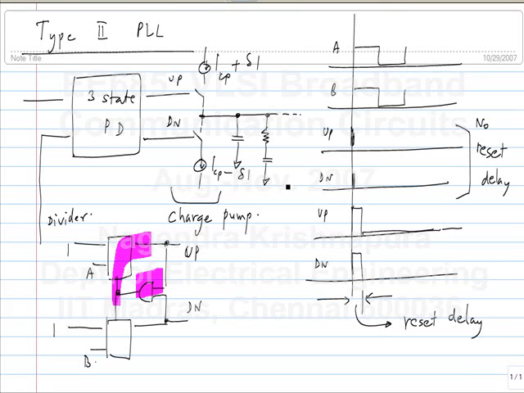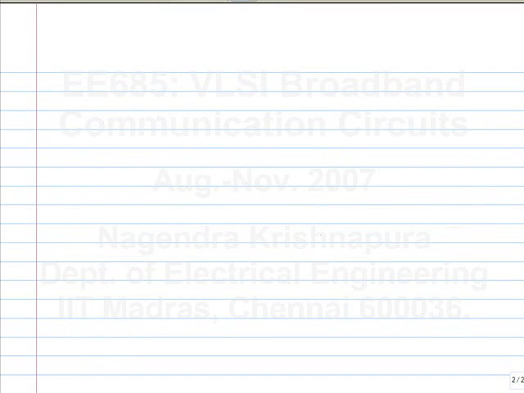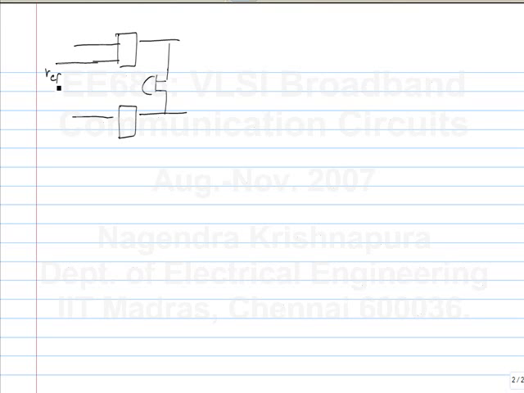Okay. When does the loop reach steady state? So now we have established two things. In the ideal case, of course, there is no reference feed through because the phase difference between the reference and the divider output is 0.